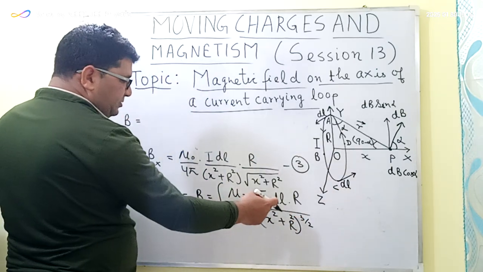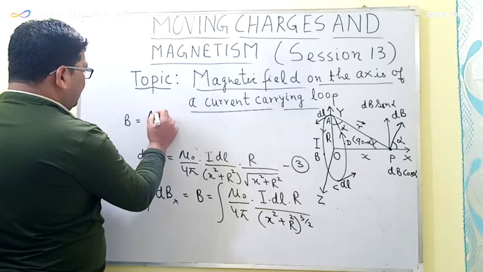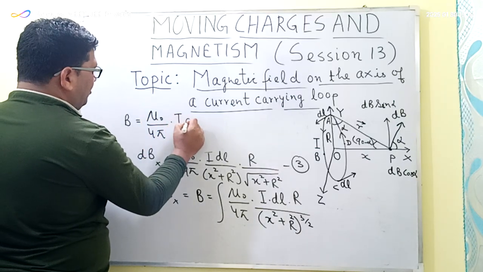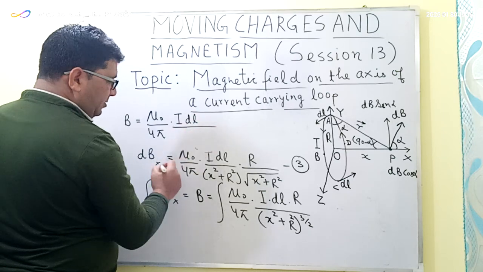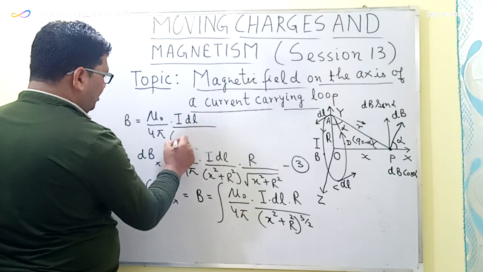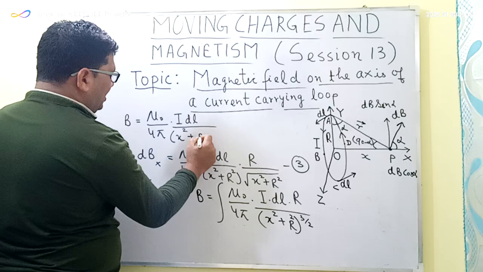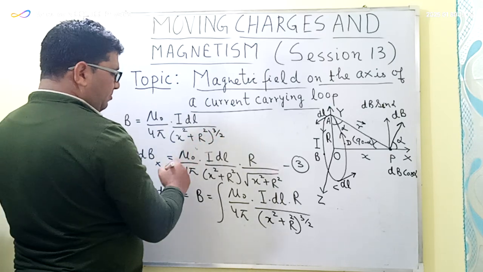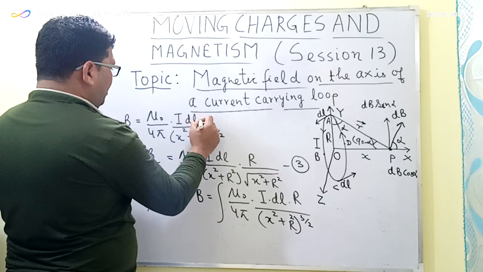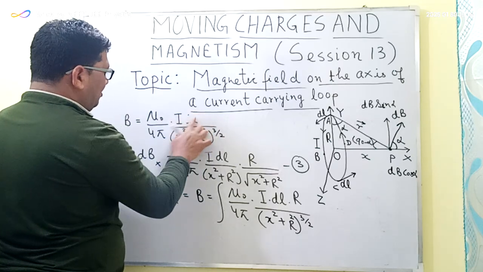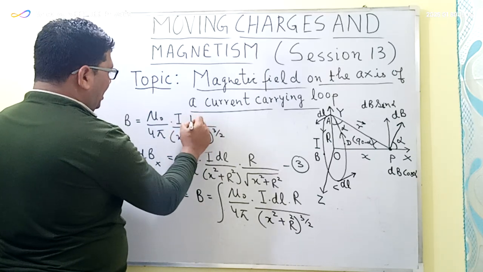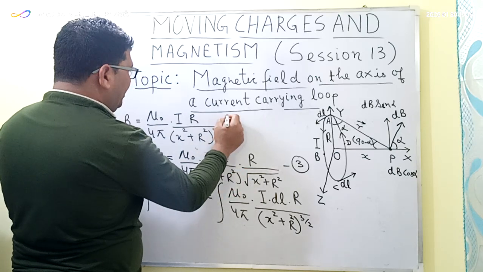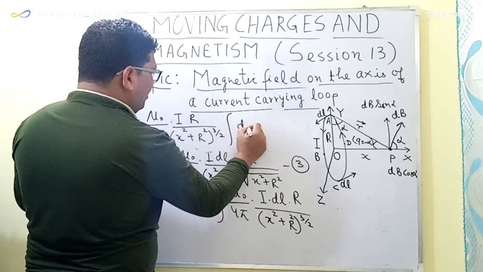So simply what I will be getting is mu naught upon 4 pi into I r upon (x square plus r square) to the power 3 by 2, with the integration of dl. R is constant, I is also constant.